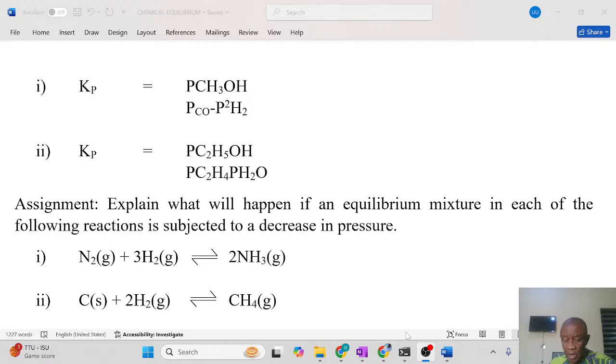So that's where we're going with chemical equilibrium. In the next class we shall attempt some problems on chemical equilibrium, relating it to enthalpy changes, entropy changes, and all the thermodynamic terms.